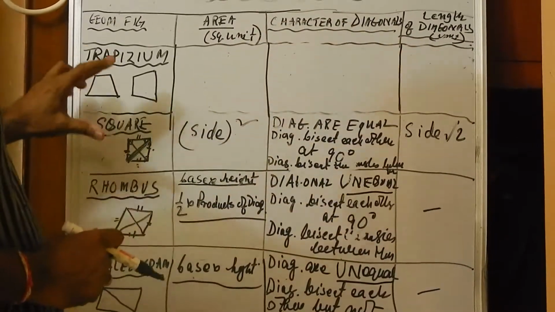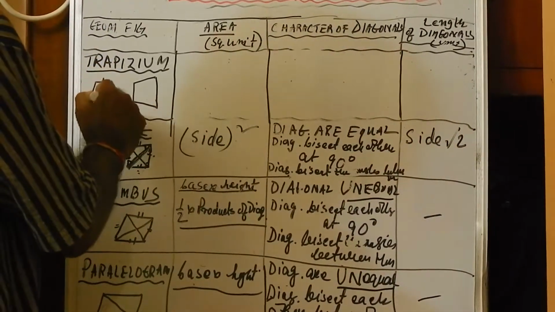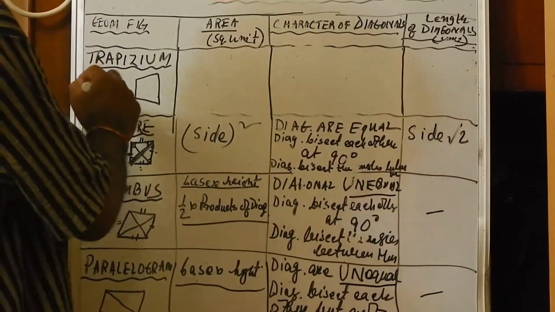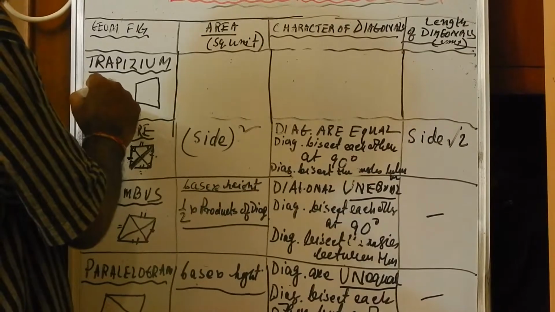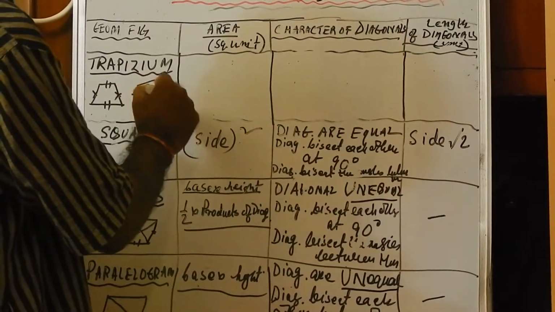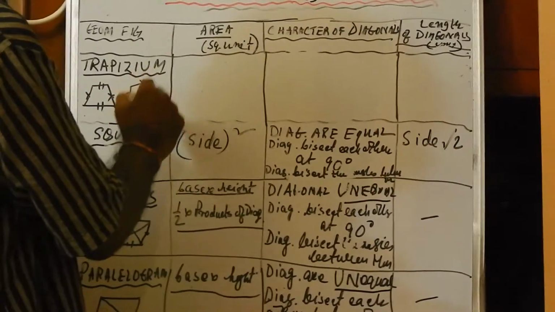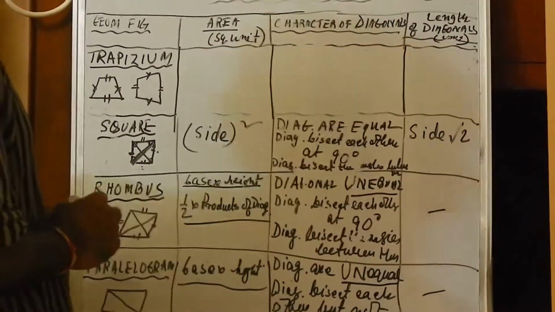The quadrilateral in which two opposite sides, here it is, are parallel, but the other two opposite sides are not parallel, oblique. Here also these two sides are parallel and those sides are oblique. So this is called a trapezium.